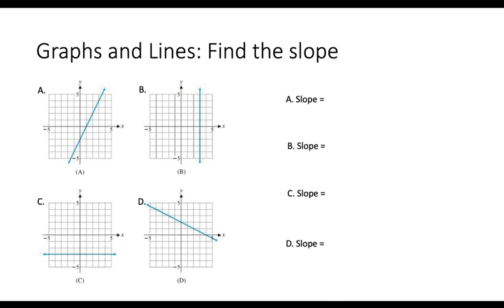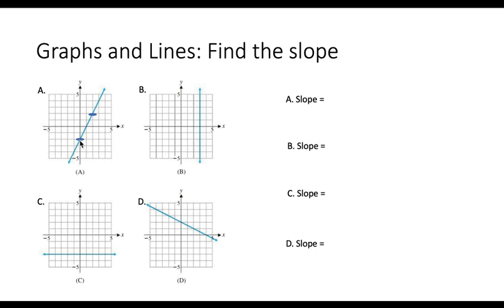First, I want to talk about the slope. So here are four different examples, example A, B, C, and D. And what we want to do is find the slope of these lines. We're going to find 2 points that intersect like in a corner. So here's one point, here's another point.